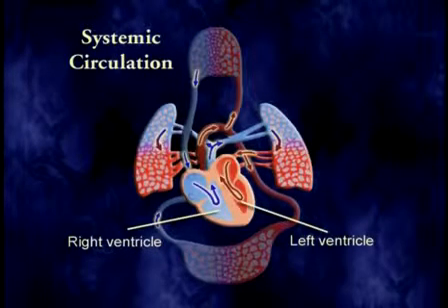These 2 sides of the heart have to be matched absolutely perfectly, to the minutest fraction of a drop per minute. Because if one side pumped more than the other, no matter how small a difference there were, eventually the blood would all pile up on one side.